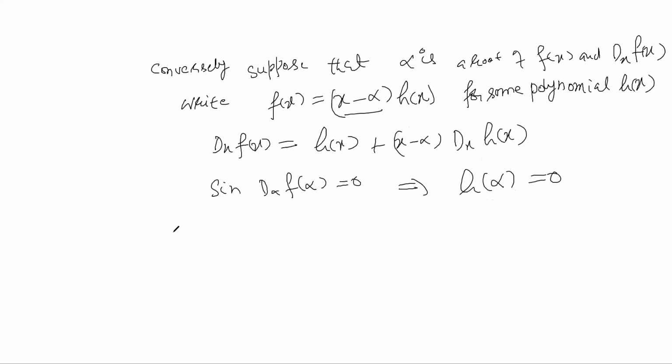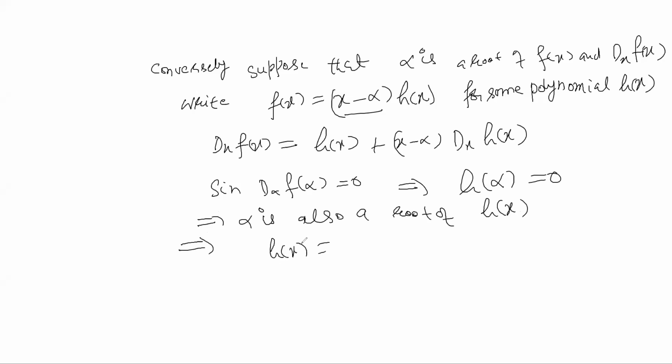So alpha is also a root of this polynomial h(x). So you can now say that h(x) is (x minus alpha) h1(x).